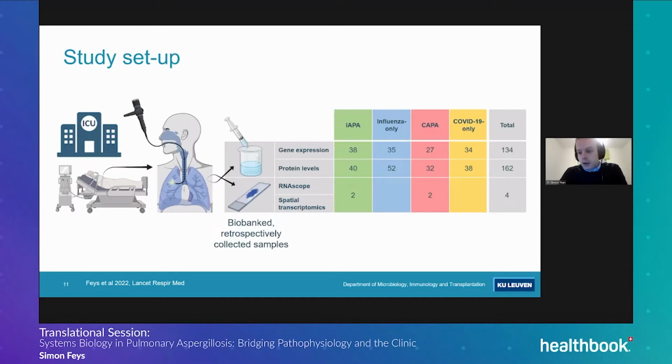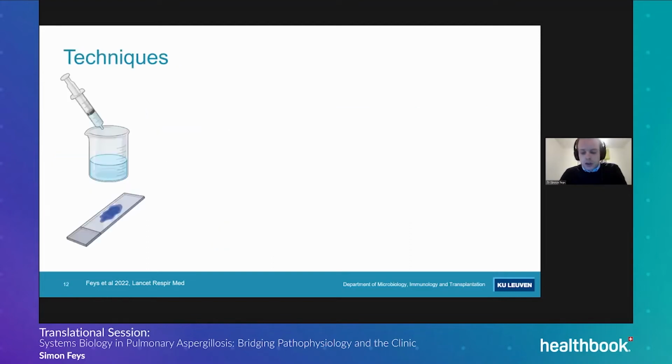The VAPA and CAPA patients' samples were the first available samples with mycological evidence, positive galactomannan or positive culture, of invasive aspergillosis. For the biopsy samples, we ended up with 2 samples from 2 VAPA patients and from 2 CAPA patients.